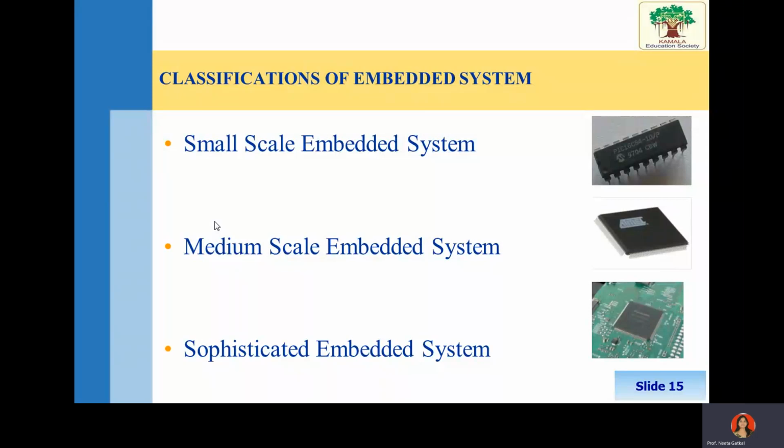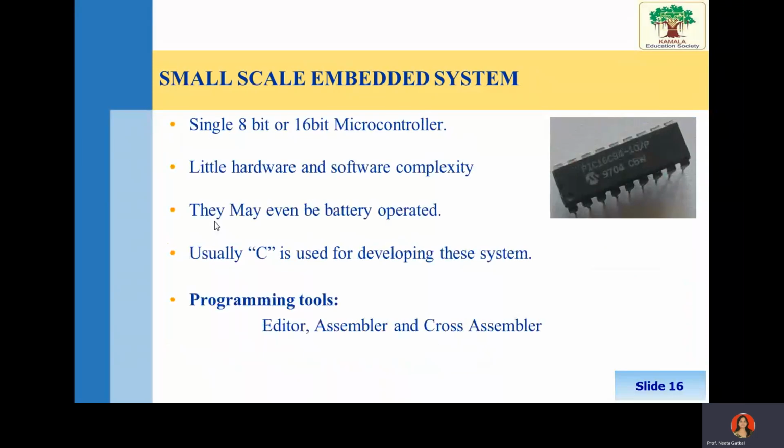The first is the small scale embedded system. This is nothing but a single 8-bit or 16-bit microcontroller. It has little hardware and software complexity. They may even be battery operated.